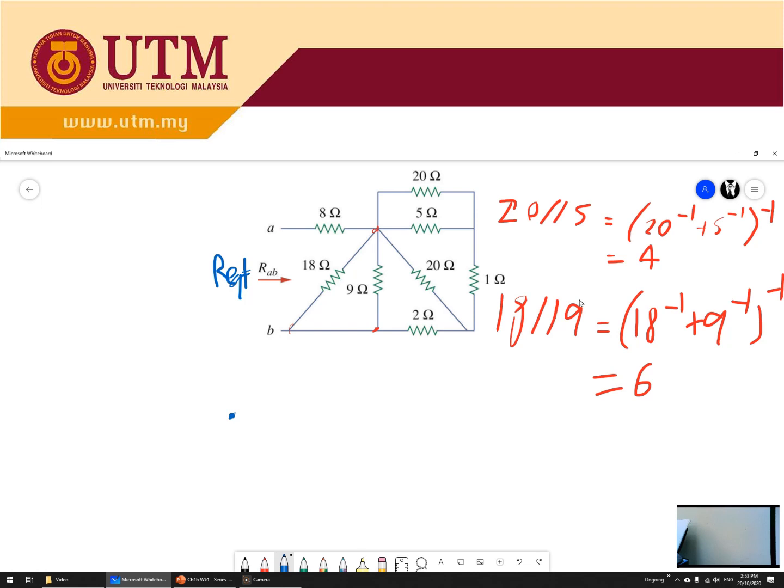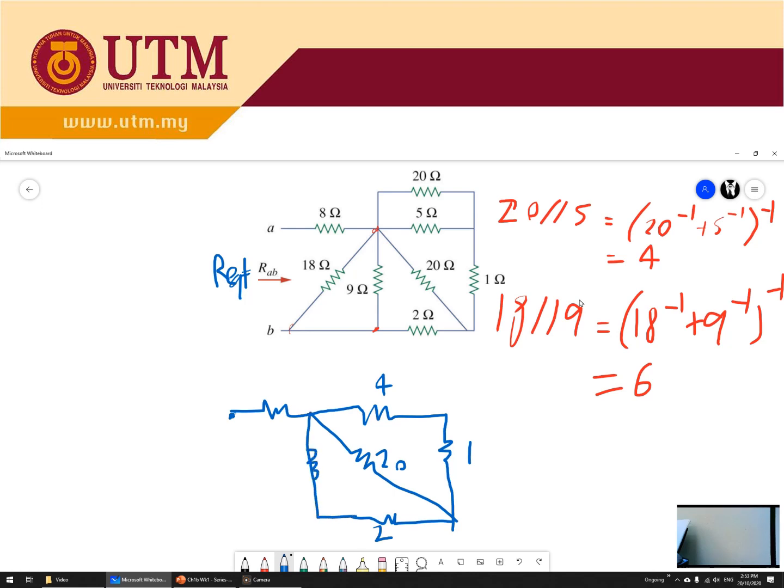So we redraw again. This one is 8. This one becomes 1 resistor. This one becomes 1. Okay, 20. This one is 4, 1, and then 2.